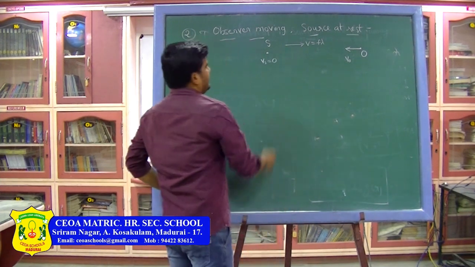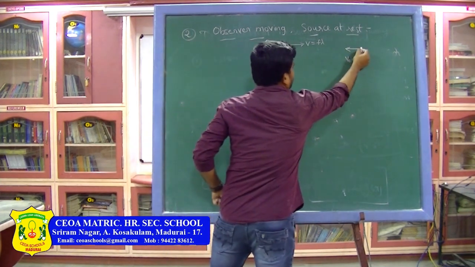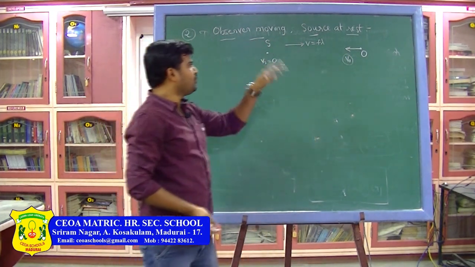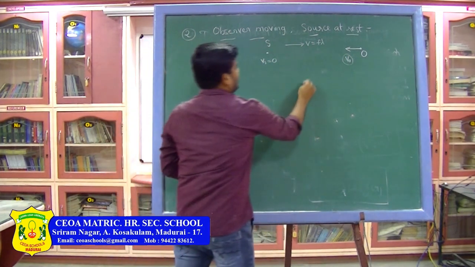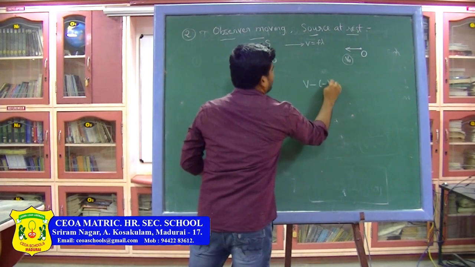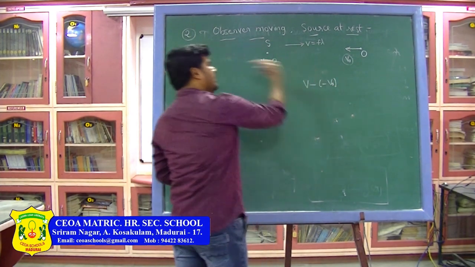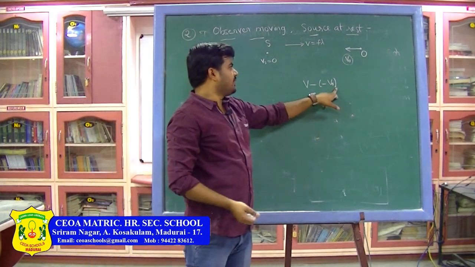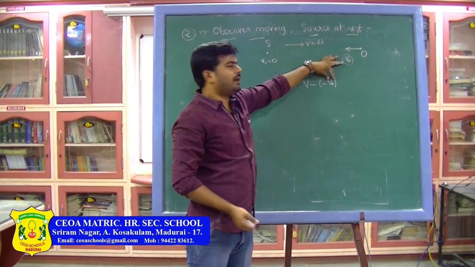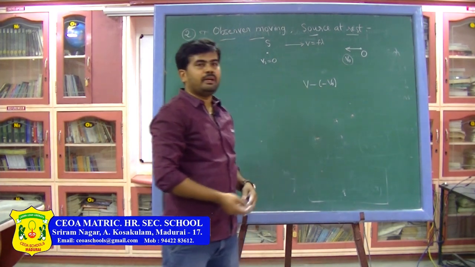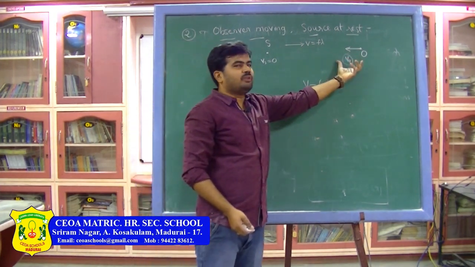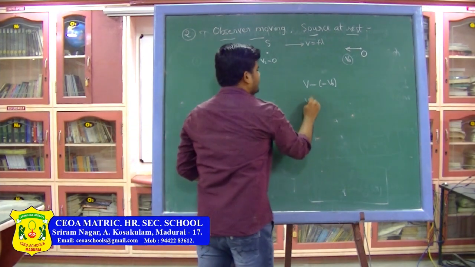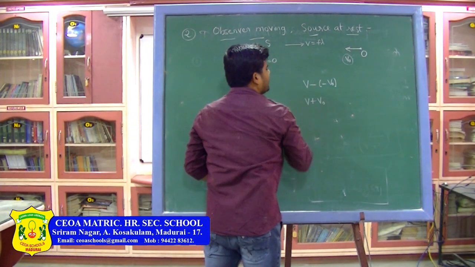Here, as the observer is approaching the source with a speed V naught, he receives the waves with a relative speed of V minus (minus V naught), because the observer is moving in the opposite direction, so I am taking a negative sign here.